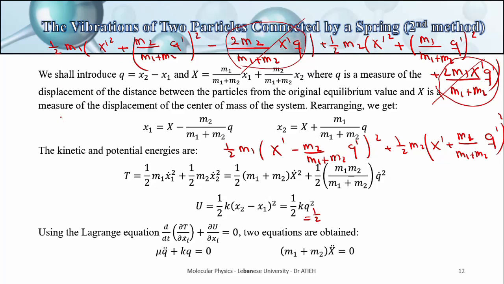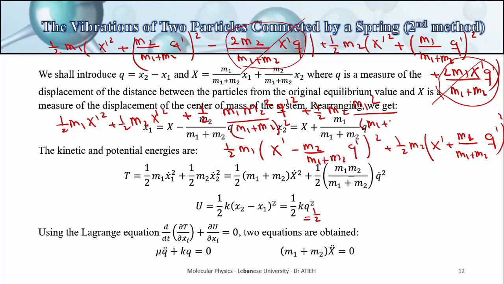We are left with half m1 x prime squared plus half m2 x prime squared, and plus half m1 m2 squared over m1 plus m2 q prime squared plus half, and this term is m2 m1 squared, this is all of it squared, over m1 plus m2 all of it squared q prime squared.